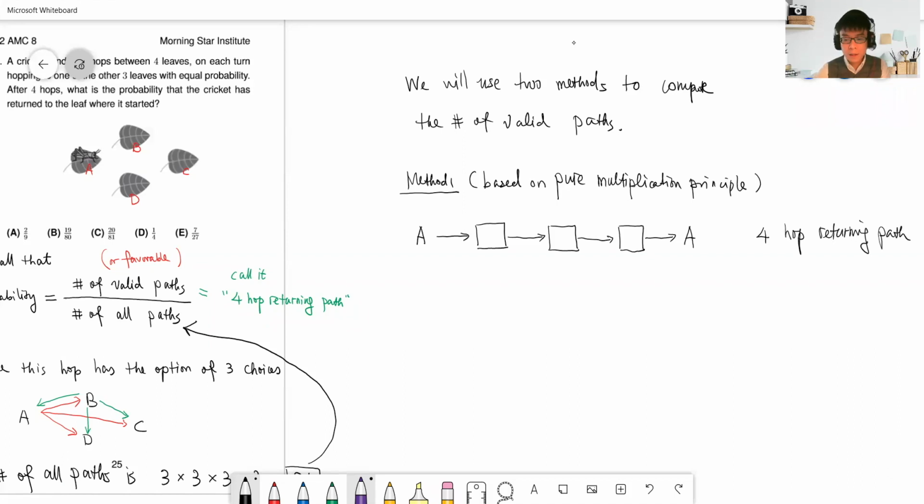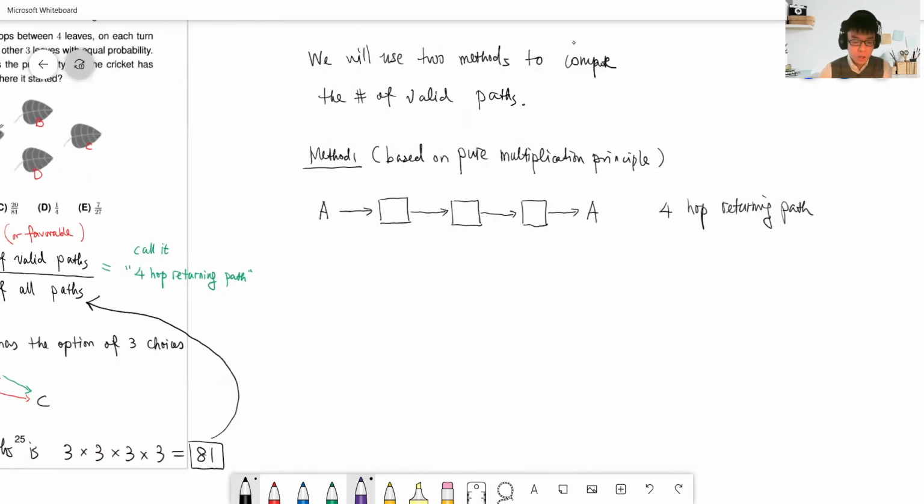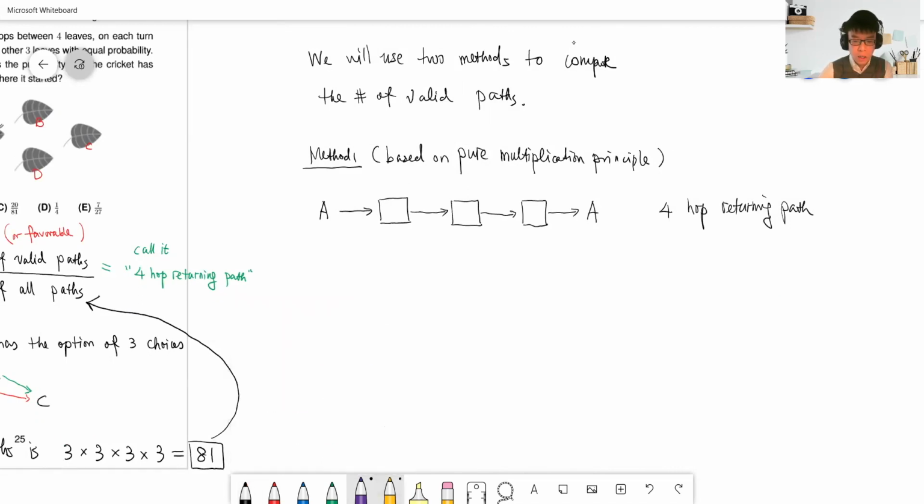Now let's calculate the total number of 4-hop returning paths. Here, we discuss two cases based on the scenario for the 3 intermediate positions.